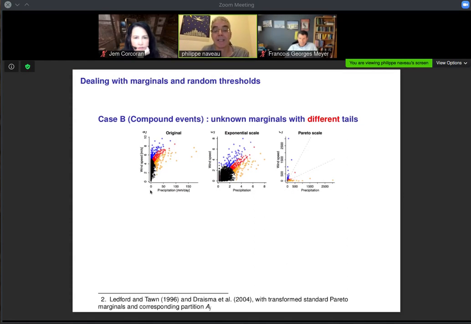I mean the unit is different and so on and so forth. If you look at the original scale, we can always turn that to the exponential scale or the Pareto scale. But here I can still divide my space into 3 different regions in this case and see how these regions can differ.